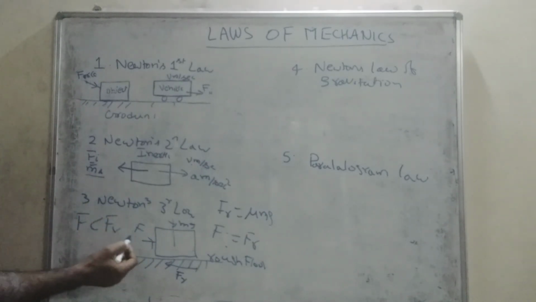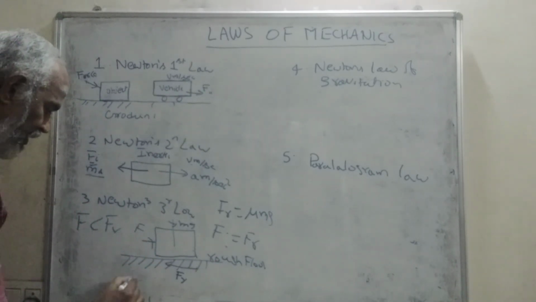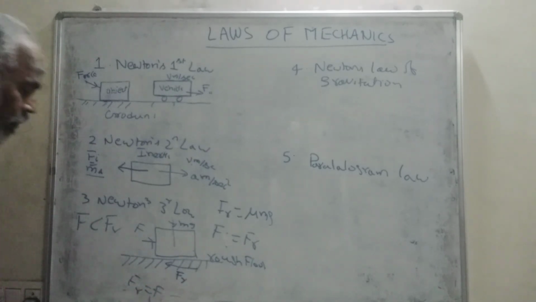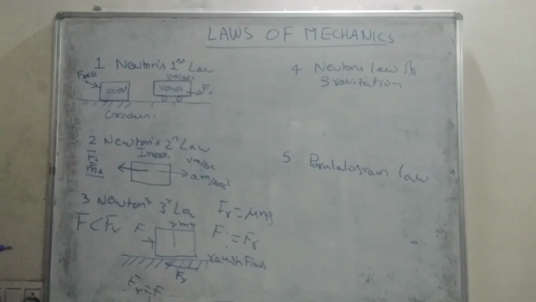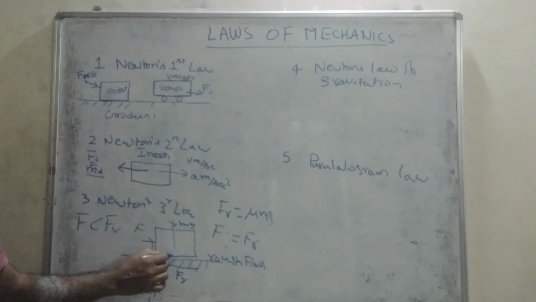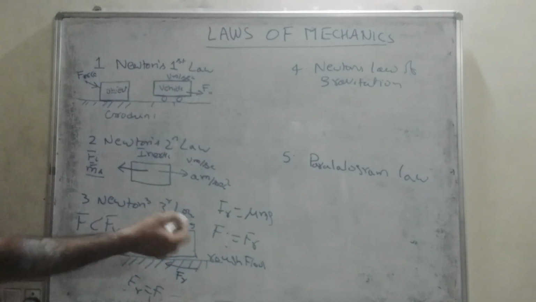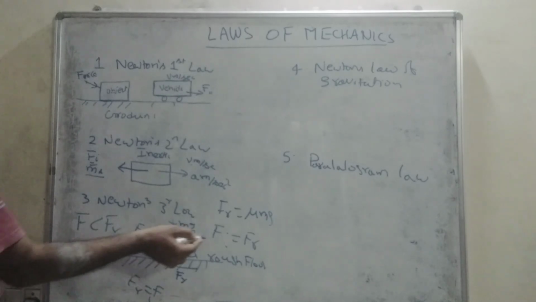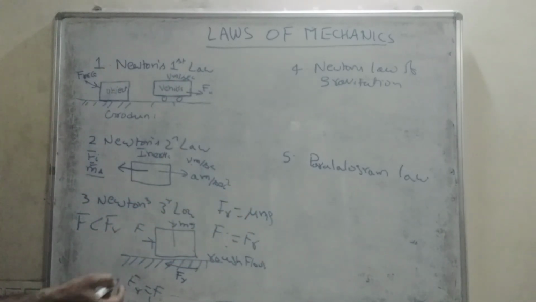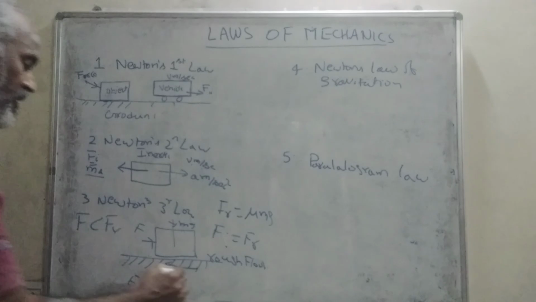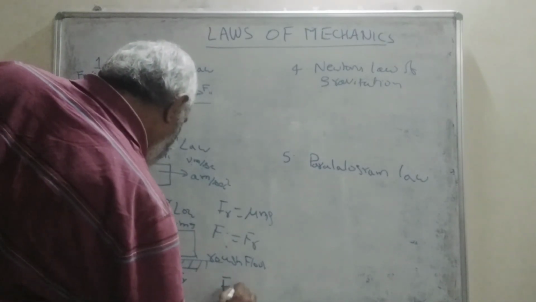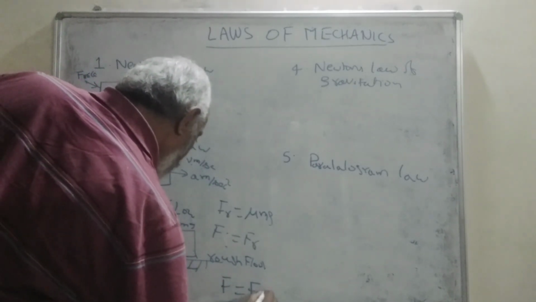That means if you apply force F, there is a reaction force Fr, the equal and opposite force, Fr equal to F. If you keep on increasing the force up to Fr, it will be at rest, and if the force is more than Fr, it will be in motion. So then F is equal to Fr plus ma.